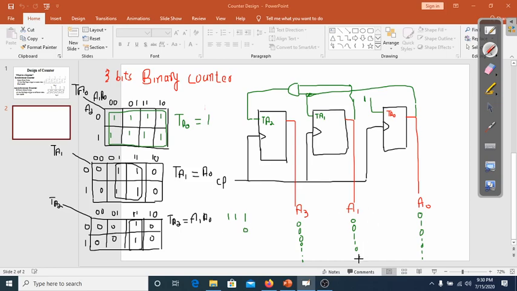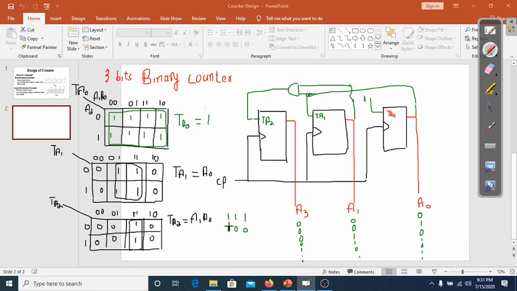This present state was 1, input was 1 because this output is the input of this flip flop, so the next state is 0. These 1 1 1, A naught and A1 are the input of this AND gate, so the output is 1. As input of this flip flop is 1, present state was 1, so the next state would be 0.